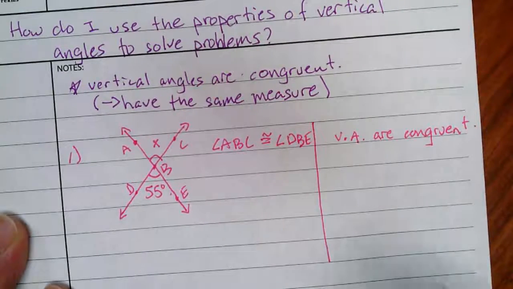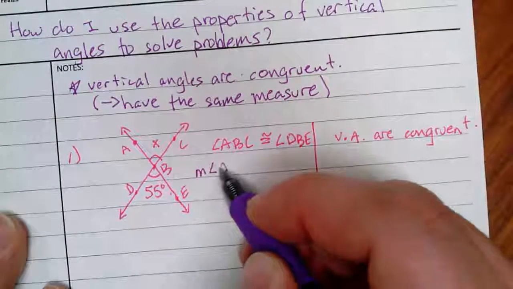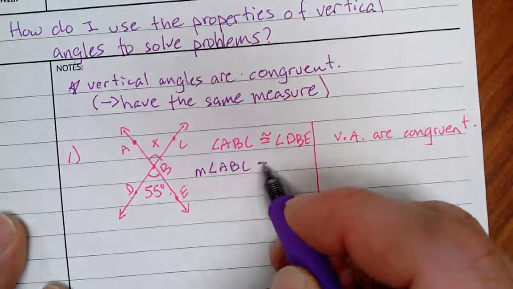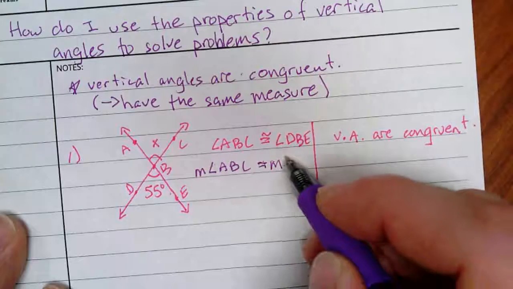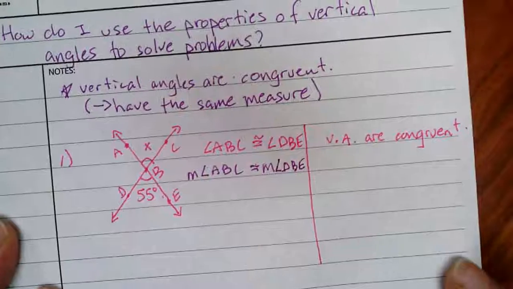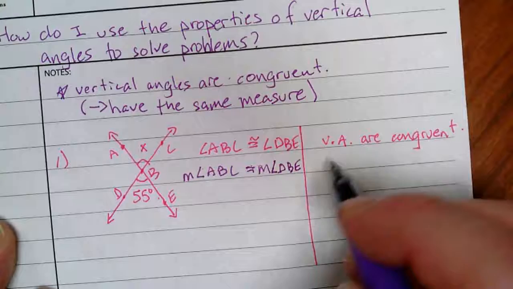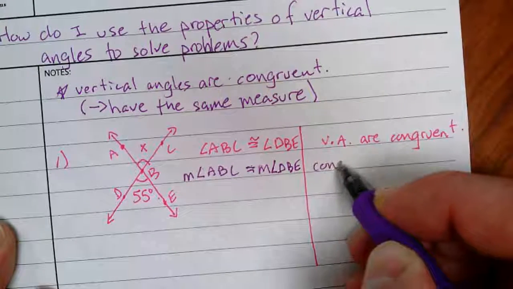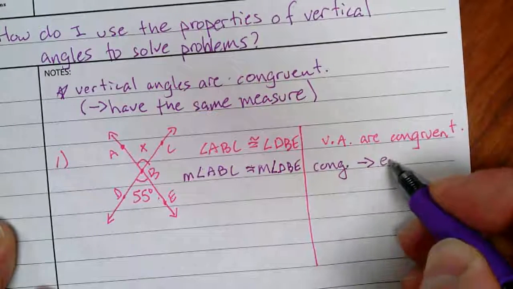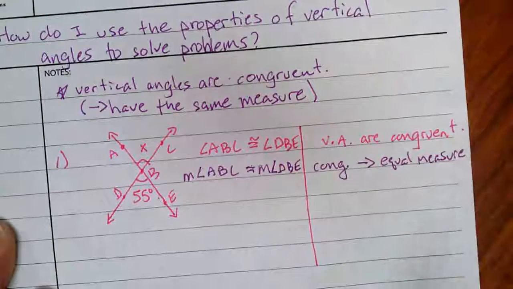Next, we're going to say that the measure of ABC is equal to the measure of angle DBE. Okay. And we're just going to write here a little note. Congruent means equal measure.